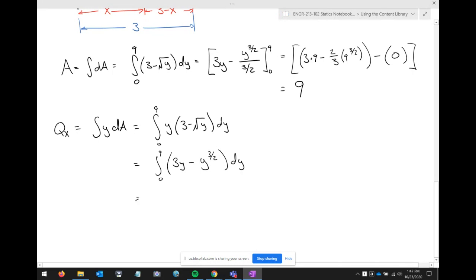And so if I integrate that, what do I got? I got 3/2 y squared minus, and then this is going to be y to the 5/2 divided by 5/2 or multiplied by 2/5. Did I do that too fast, or are you all okay with that?